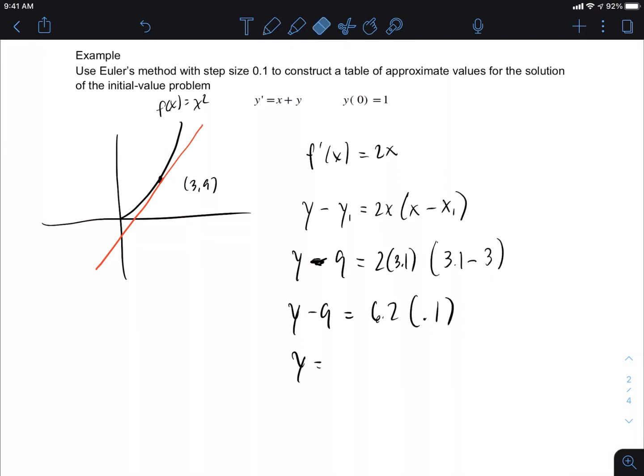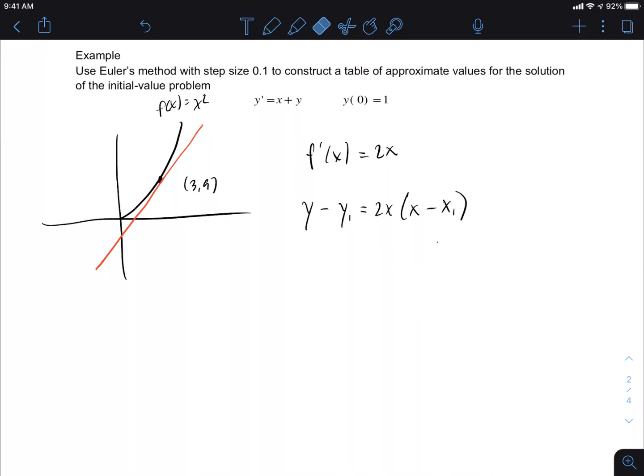Hold on, I'm messing up actually, my bad. Because I want to be able to explain this to you with approximations. So if I'm going to use 3.1, the slope here is going to be 6.2, correct?